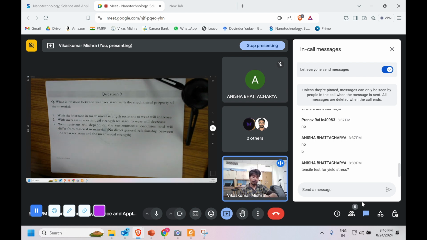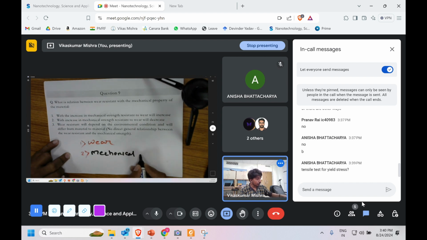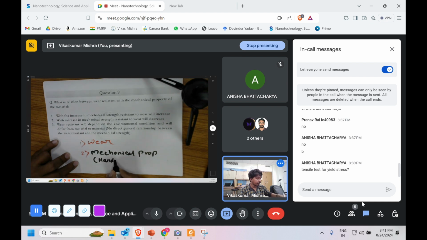So we are having two terms right now. One is wear and the second one is the mechanical properties. For the time being, let us consider that the mechanical property we are talking about is hardness.